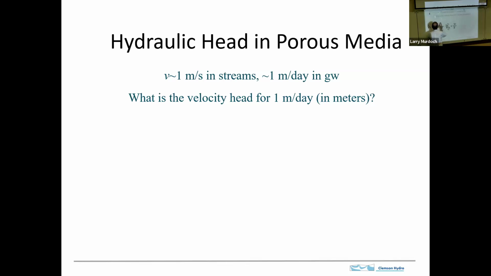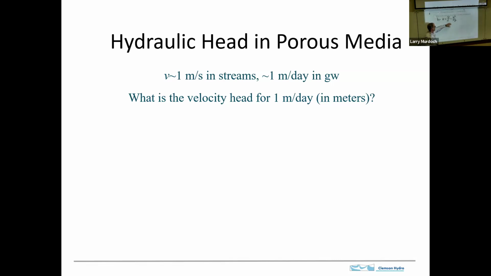I'm going to rewrite this total hydraulic head. Okay, it has these three components.